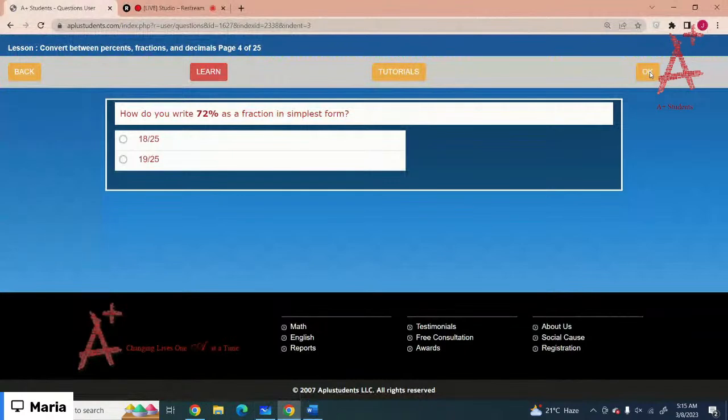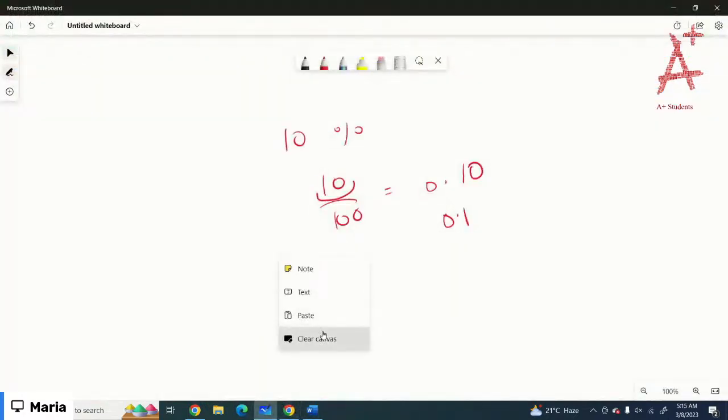How do you write 72% as a fraction in simplest form? You have to write 72% in fractional form.